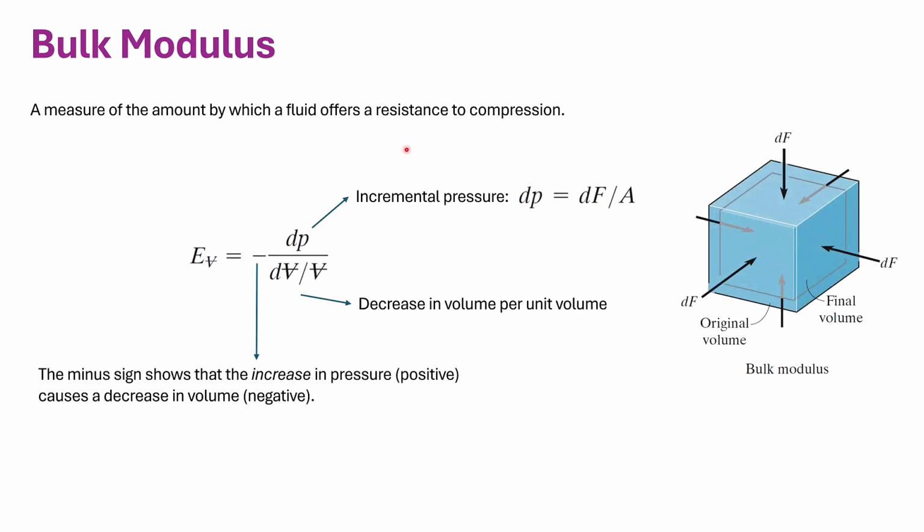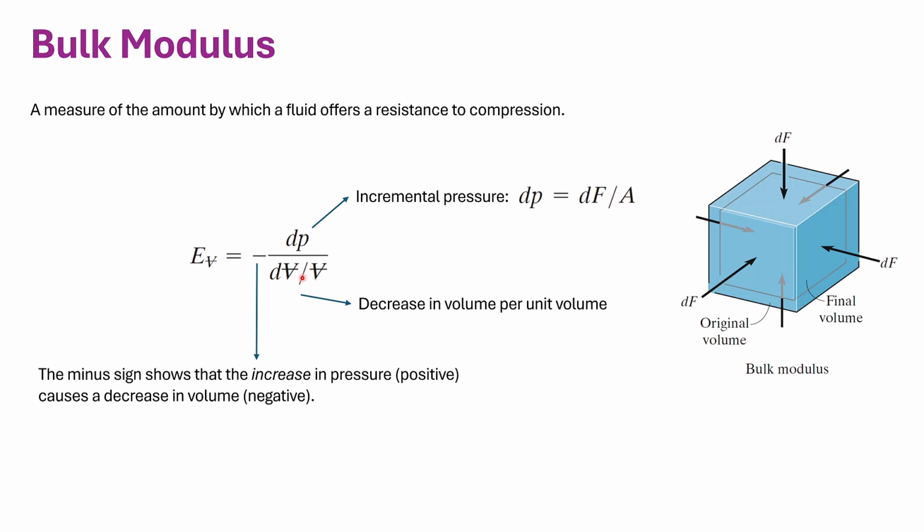The formula for that is E sub V equals negative dP divided by dV over V, in which dP is the incremental pressure and it equals dF divided by A. So this is basically the definition of pressure, force over area.